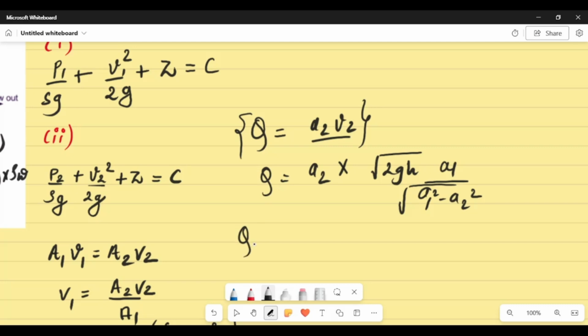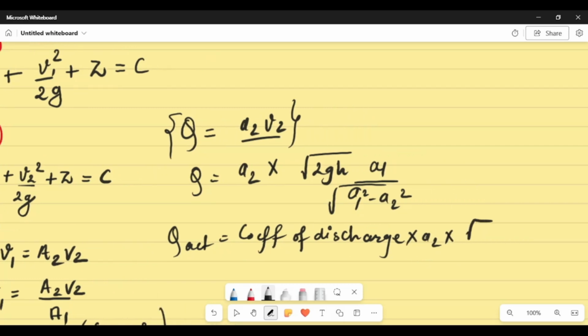If you want to calculate the actual flow rate, you can multiply this by the coefficient of discharge, and its value is always less than 1. So the actual flow rate is the coefficient of discharge times A2 times root under 2gh times A1, divided by root under A1 square minus A2 square. So this is the expression.